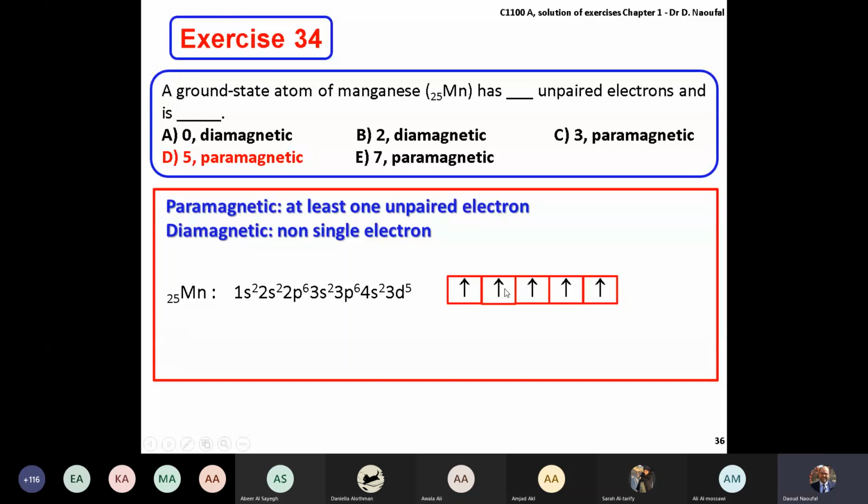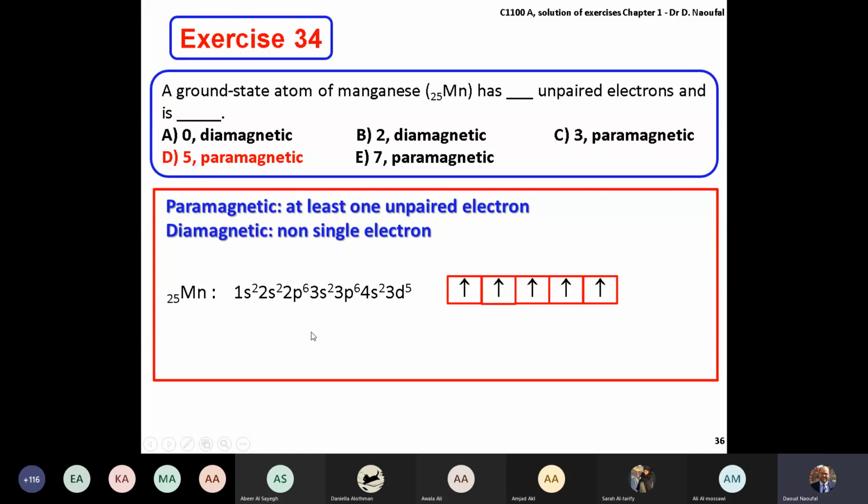You can write all arrows from down to up, or all arrows from up to down, but you cannot mix, for example, 2 arrows up and 3 arrows down. They should have the same direction.